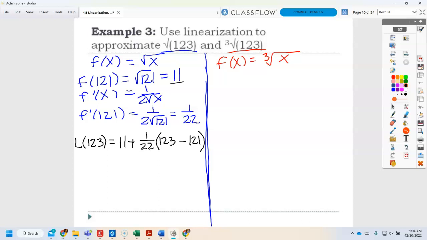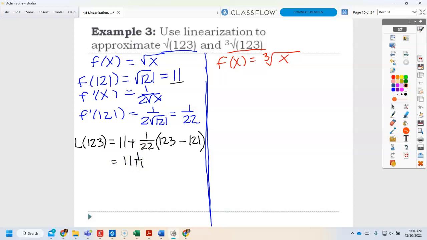So 123 minus 121 is 2, divided by 22 is 1/11. So 11 plus 1/11 is 11 and 1/11.